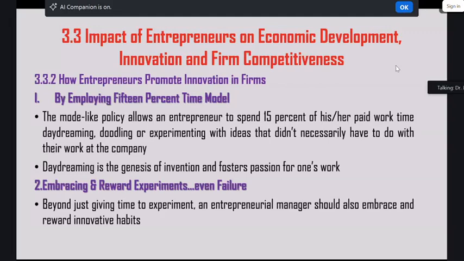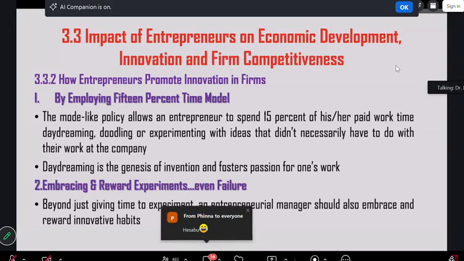It's 1.2 hours per day. 15% of 40 hours per week is 6 hours. So 1 hour and 20 minutes, roughly, per day. Yes, 1 hour and 20 minutes. So ukiangalia 1 hour and 20 minutes per day.